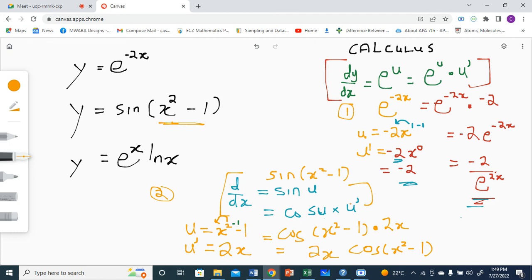All you have to do is determine what is my u in this case. We found that our u is x squared minus 1. Once you find your u, you derive it using the power rule. We got 2x, that's our u prime. Then all you have to do is substitute. Cosine u is cosine of x squared minus 1 times the derivative of u.